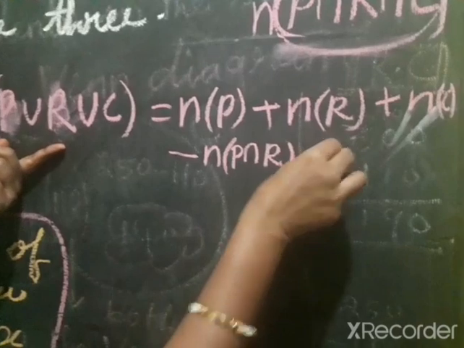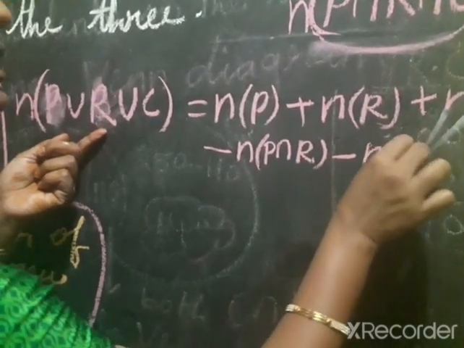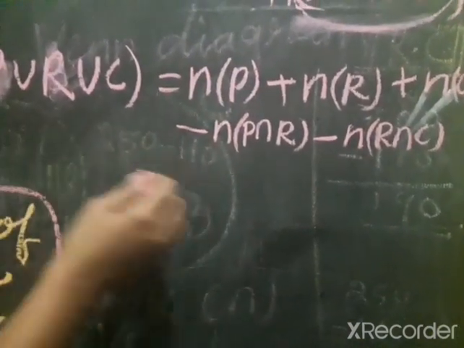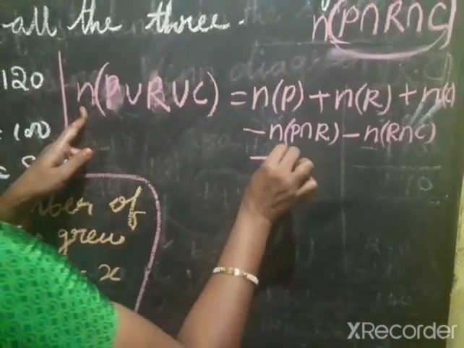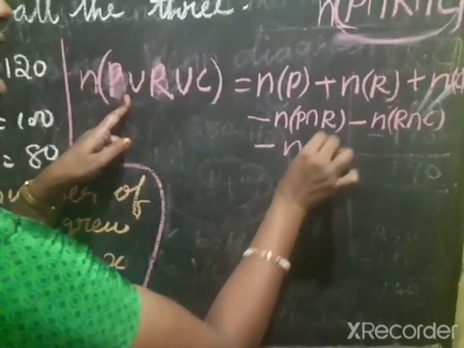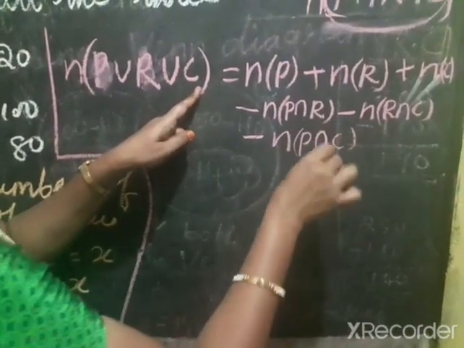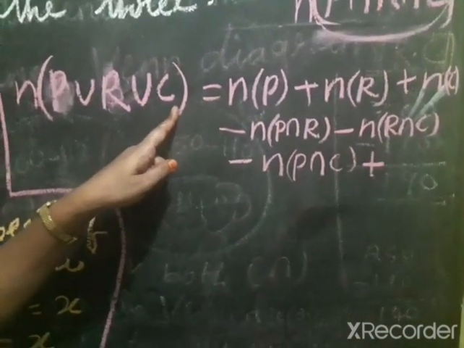Then the next minus symbol: N of R intersection C, ragi intersection corn. And then another one, the remaining N of P intersection C, paddy intersection corn. Okay, this is for two sets. And then finally put the plus symbol.